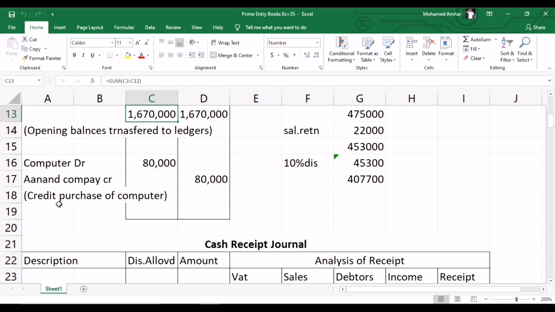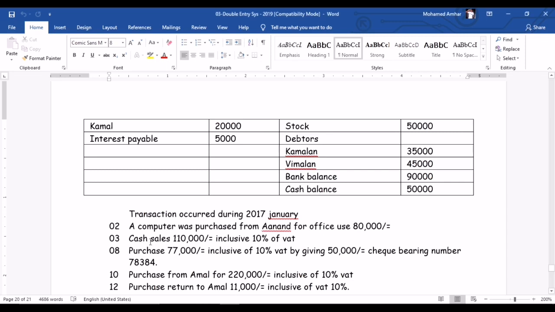Write a narration also: credit purchase of computer. So this credit purchase we have now recorded in the general journal. Later we shall transfer this to the ledger. Now go to the question again.